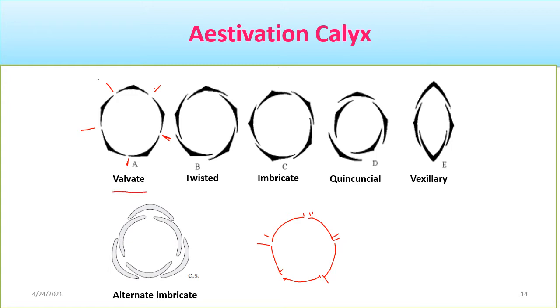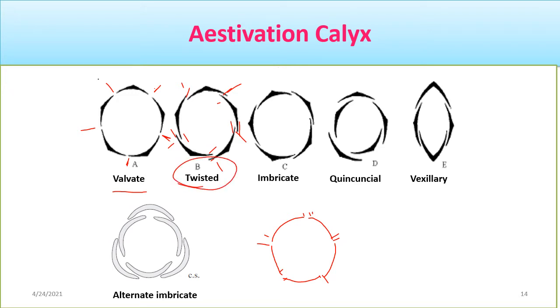But if you look here, at this point, this point, this point and this point, one side is out and the other side is in. Here it is out, here it is in, here it is out, here it is in. So this type of estivation is called twisted estivation.